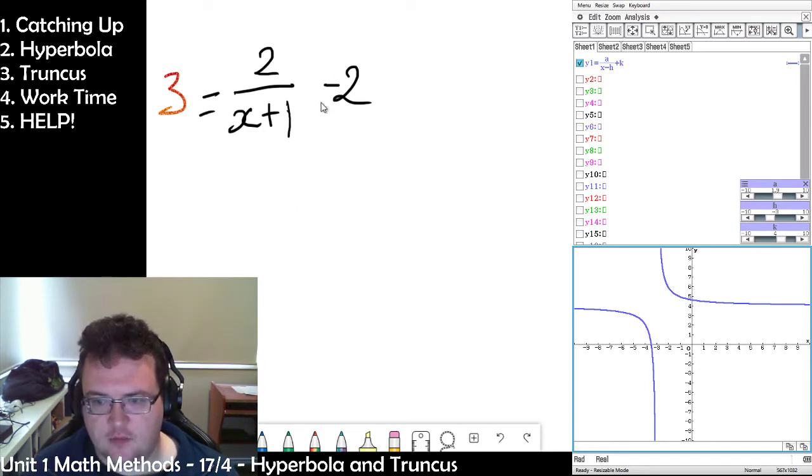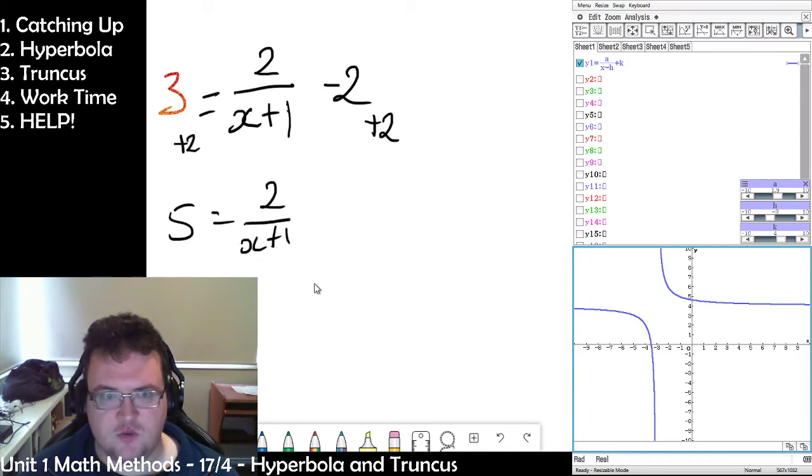I would take the minus 2, move it over to the side. So I would add 2 to both sides. I would now have 5 equals 2 over x plus 1.